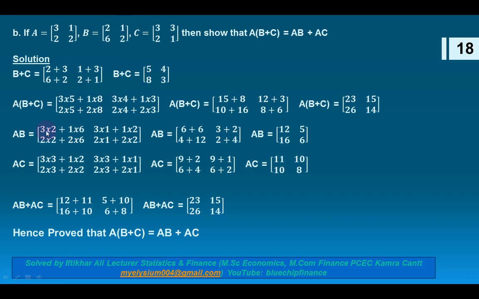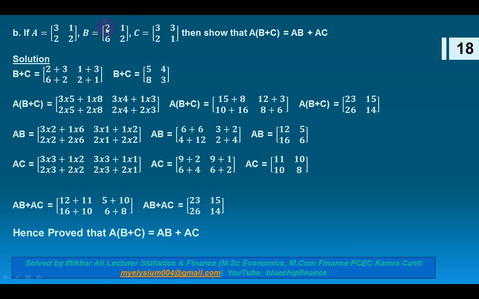So 3 multiplied by 2 plus 1 multiplied by 6, 3 multiplied by 1 plus 1 multiplied by 2. After that 2 multiplied by 2 plus 2 multiplied by 6, 2 multiplied by 1 plus 2 multiplied by 2 here, and the result is [12 5; 16 6].